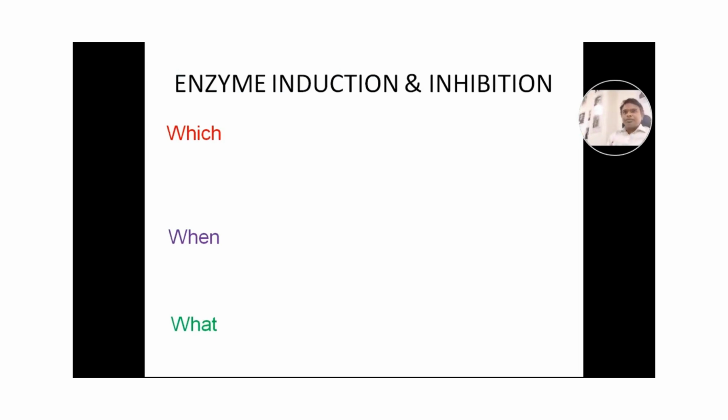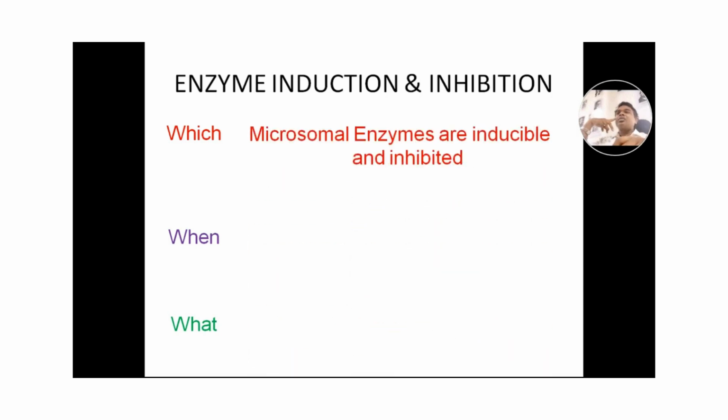Hello everyone. Today we'll study a concept in general pharmacology called enzyme induction and enzyme inhibition. Now, what does enzyme induction mean? If you look at drug metabolism, the drugs get metabolized by two groups of enzymes called microsomal enzymes and non-microsomal enzymes.